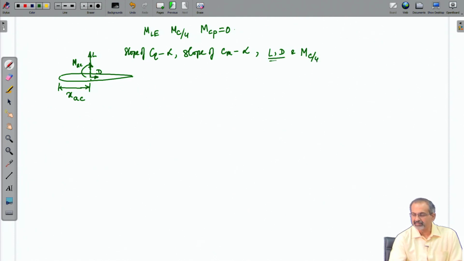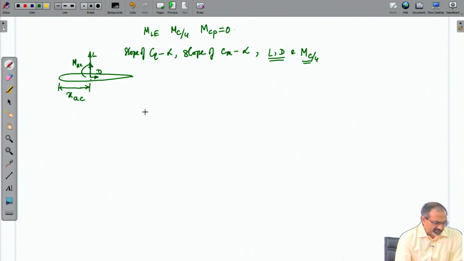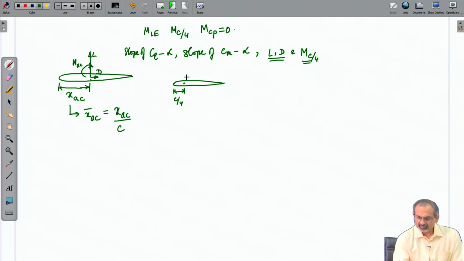Of course, L and D are irrespective of the point, it is the moment which would matter. So, let us indicate this dimension in non-dimensional form as x a c by c. So, let us call it x bar a c. In that case, if you were to go back to the quarter chord position and locate your forces there.